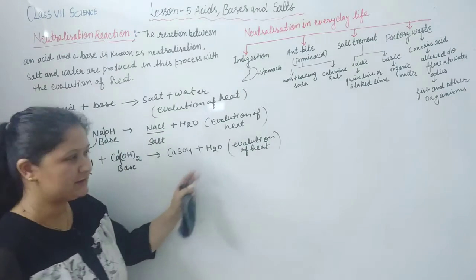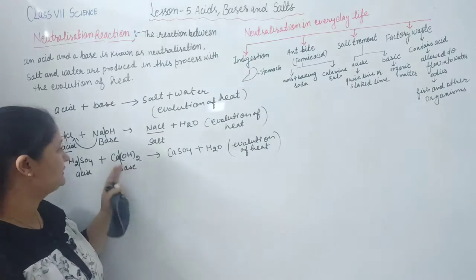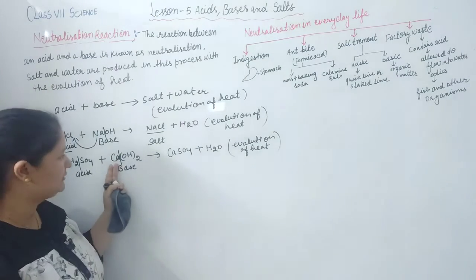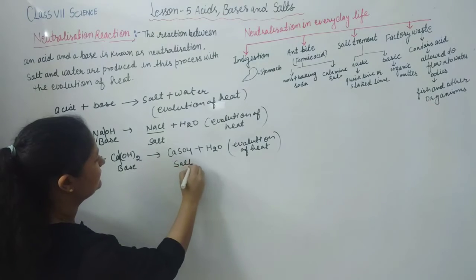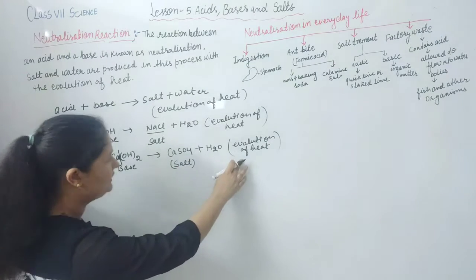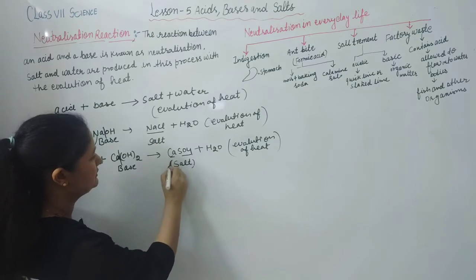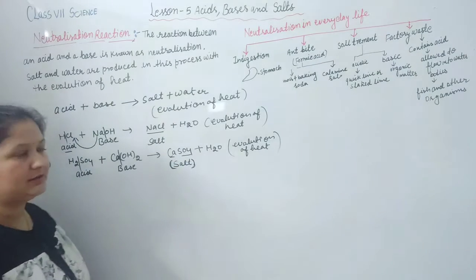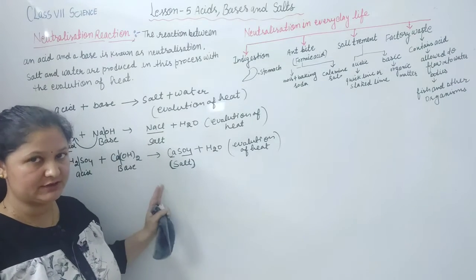So this is one more reaction. When sulfuric acid combined with lime water, calcium hydroxide, calcium sulfate and water is formed with the evolution of heat. So calcium sulfate is salt, right? So these are a few examples of neutralization reaction.